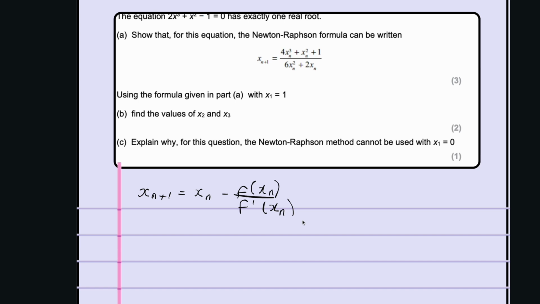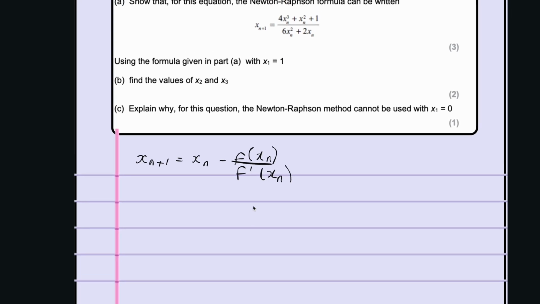And then we know that f dash of x, we want f dash of x for 2x cubed plus x squared minus 1. So it's 6x squared plus 2x.